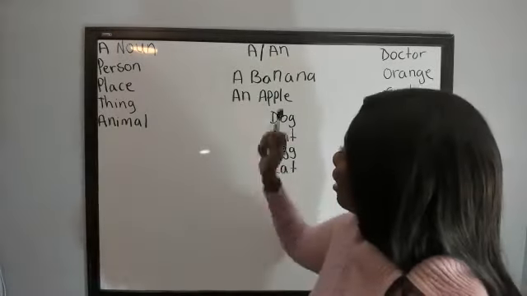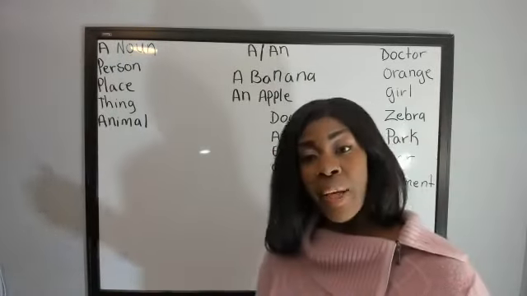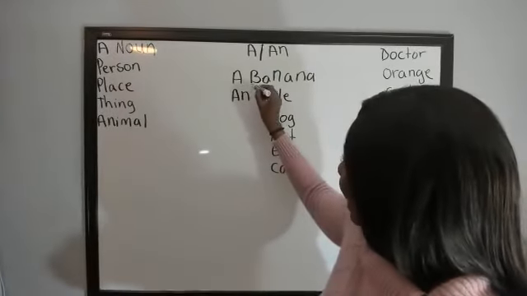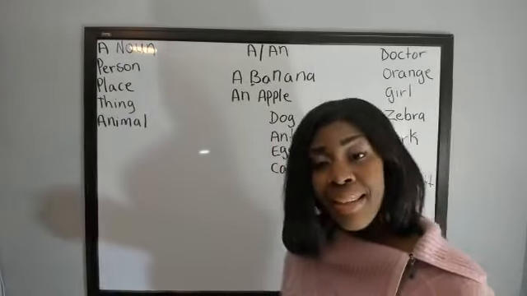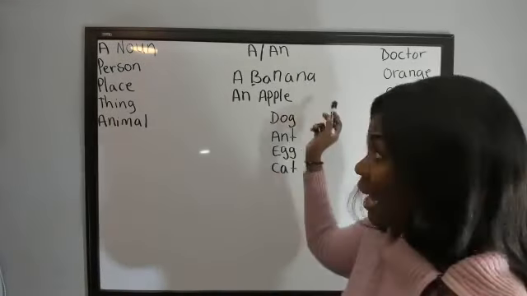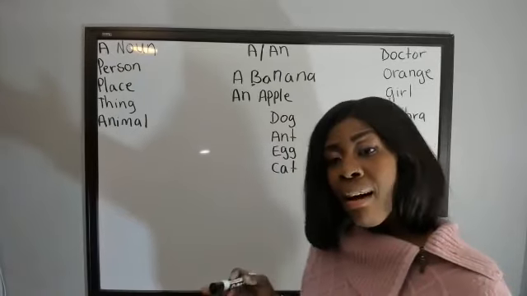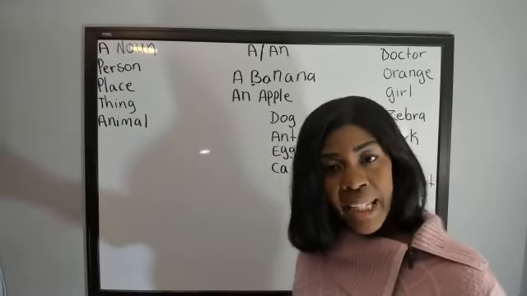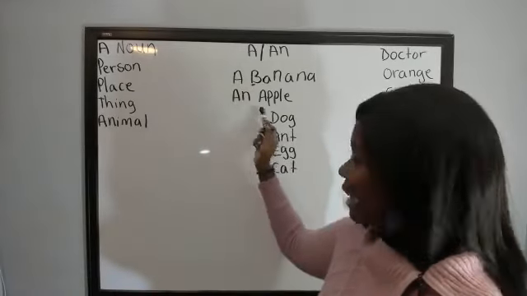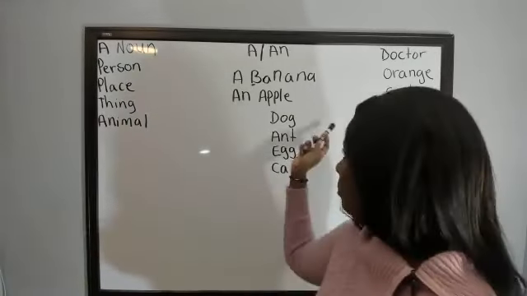You use a with words that start with a consonant. A perfect example: banana, with the letter B, that's a consonant. So you cannot say an banana, you have to say a banana. Over here we have an apple.